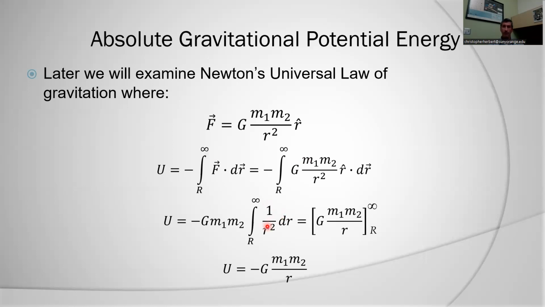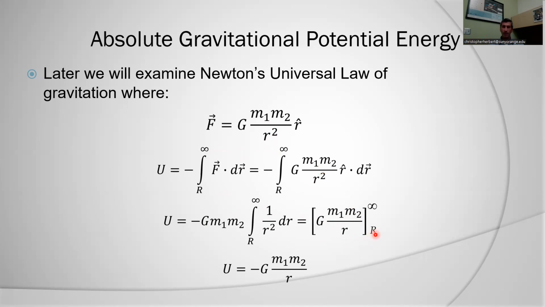The integral of 1 over r squared, we'll just do our power laws, r to the minus 2. If I take the integral of that, that becomes negative 1 over r. And notice I've got my negative sign here. That negative sign goes away. I integrate this, and now our potential energy actually depends on the inverse of the distance, not the inverse of the distance squared. So the energy actually drops off much slower than the force does.